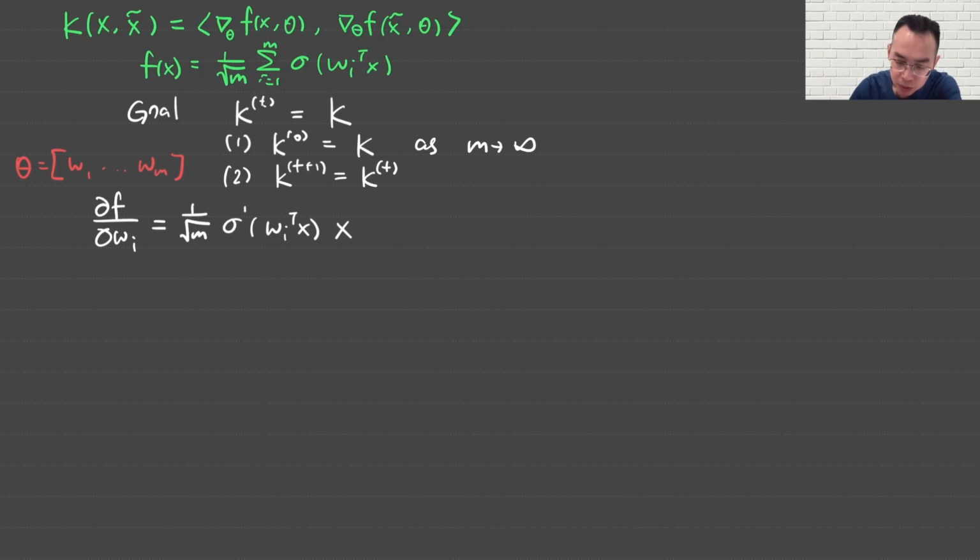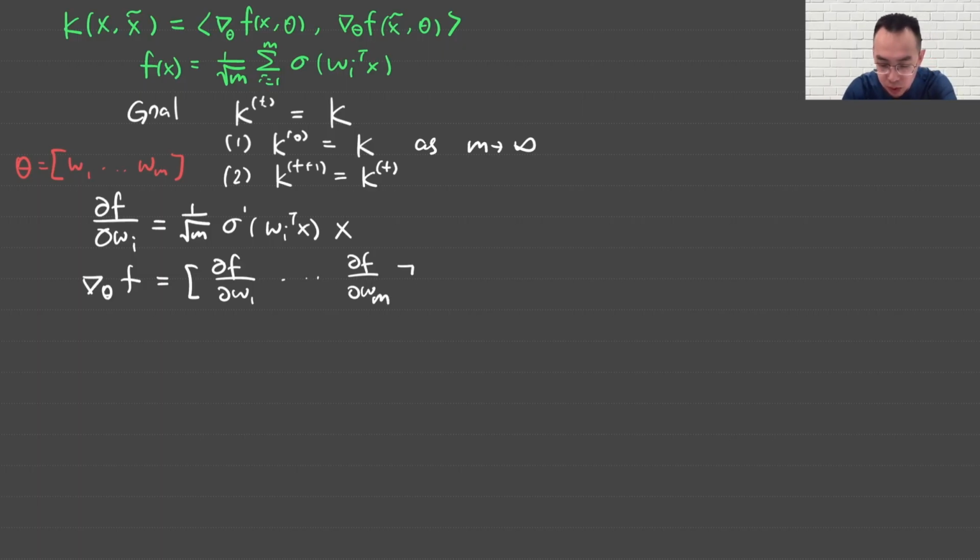Then for the gradient vector with respect to theta, we're just going to stack everything together, right? So that will be the partial with respect to the first neuron to the partial with respect to the last neuron, right? They're in the same layer.